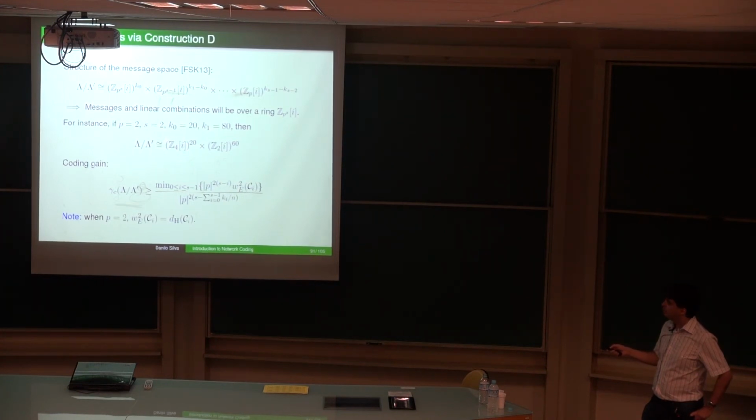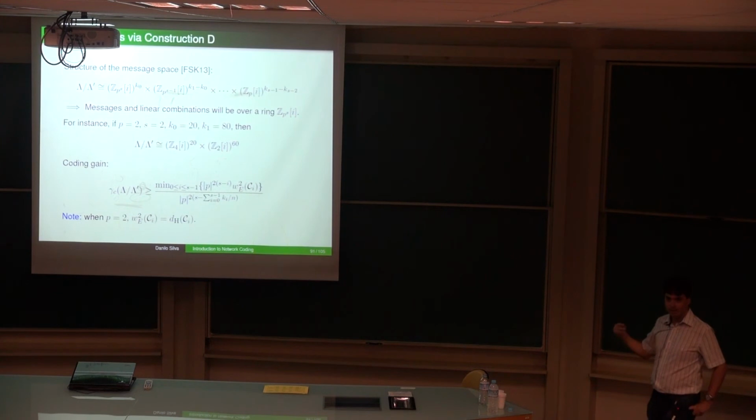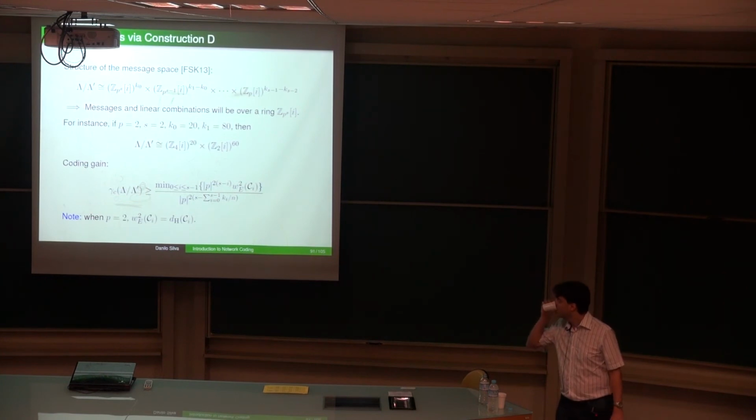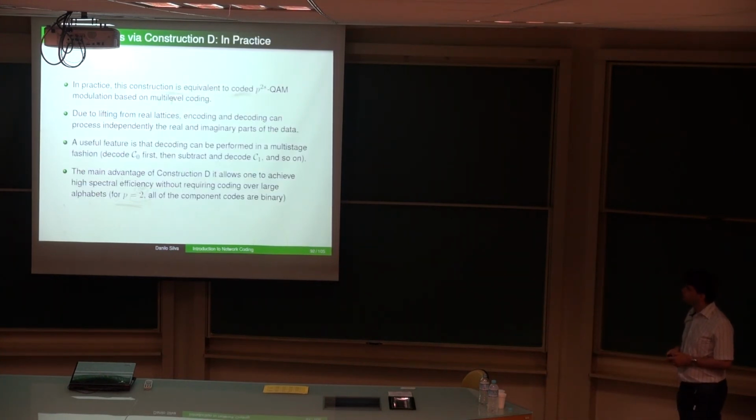So you have 20 coefficients in this ring, Z[i], and 60 coefficients in this ring, Z[i]/2Z[i]. And then you're taking linear combinations of messages over this space. Okay? And then the coefficients will have to be in Z[i], but the messages are in this space.